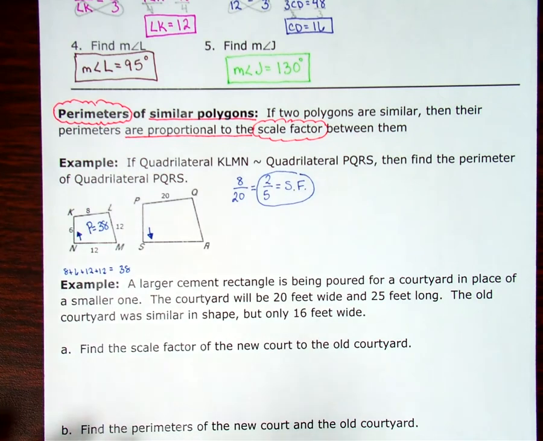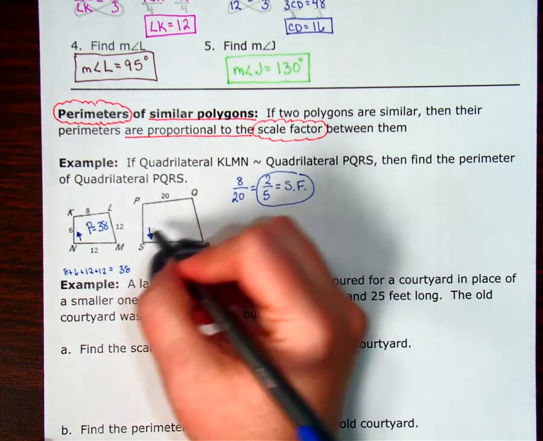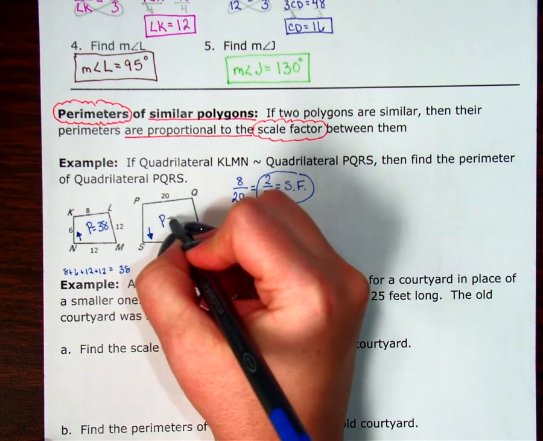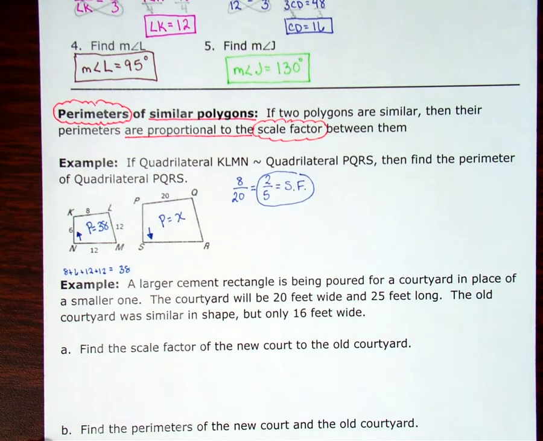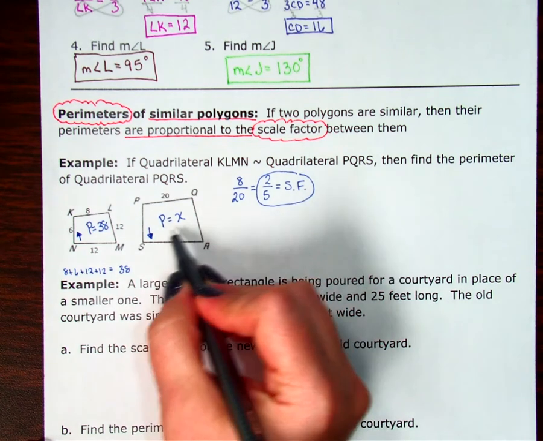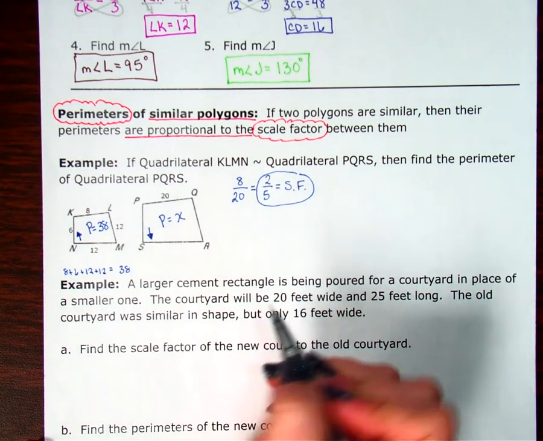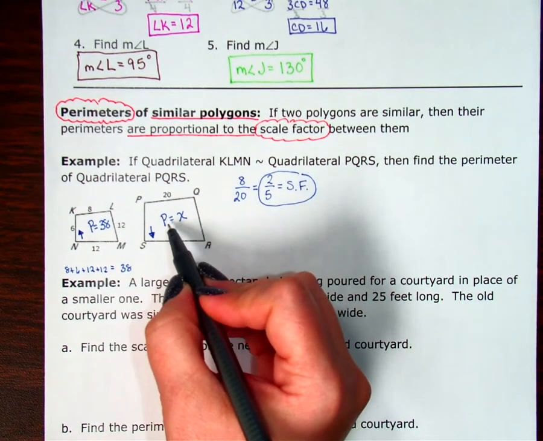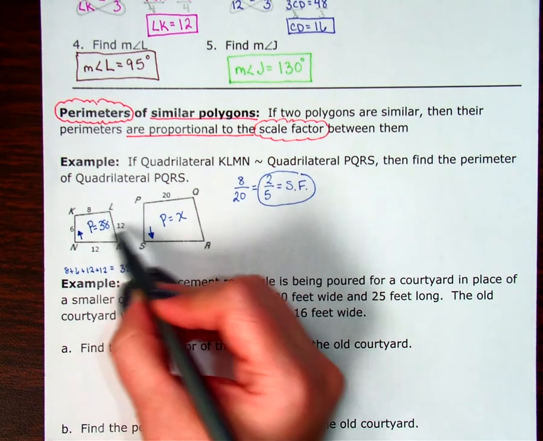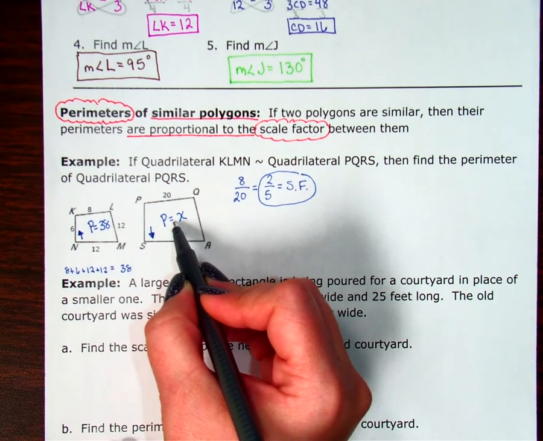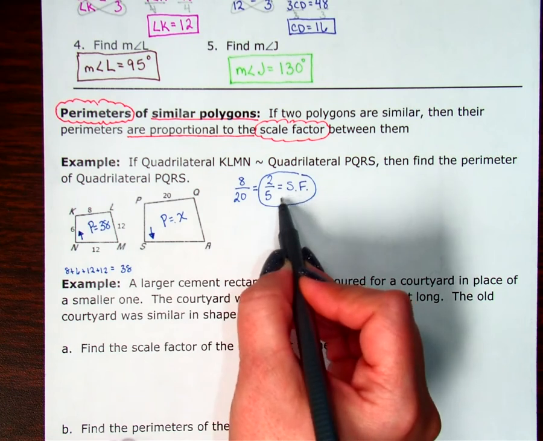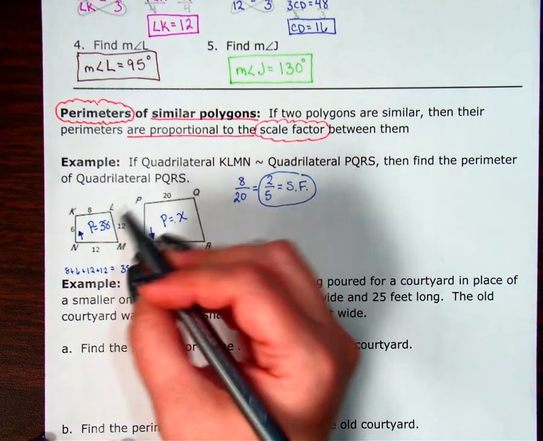Okay, so if my perimeter there is 38, then I want to find my perimeter for this one. I'm going to call it X because I don't know what it is, and I don't want to use P because I don't want to get confused on which perimeter I'm working with. Okay, so perimeter is 38, perimeter is X. I can set up a proportion with my perimeters, and it's going to reduce to the scale factor 2/5.